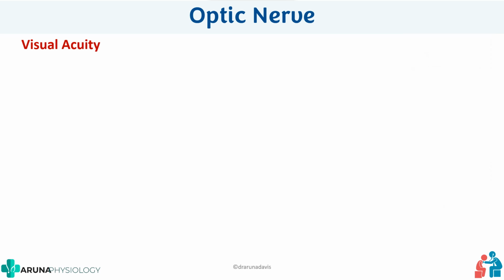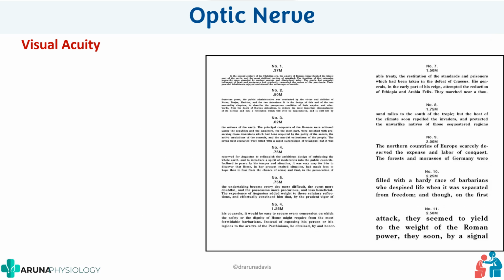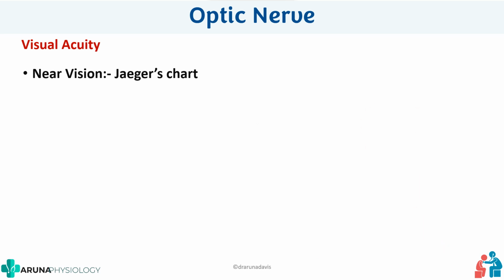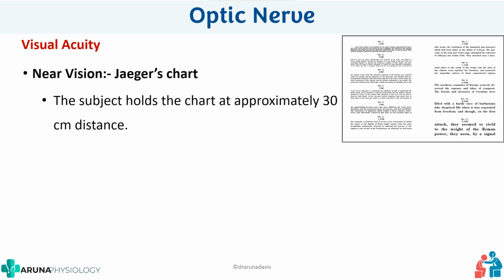Next, we'll move on to the near vision. So for near vision, we use this chart which is called the Jaeger's chart. As you can see, there are many lines which are written in different font sizes. We ask a person to read this Jaeger's chart by holding it at around 30 centimeters, which is our usual reading distance.